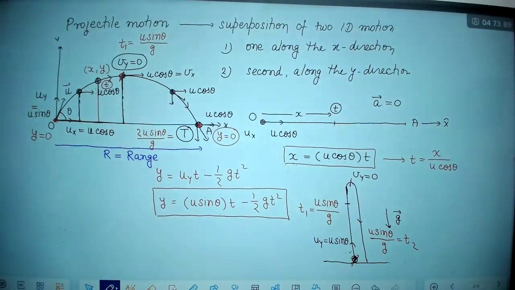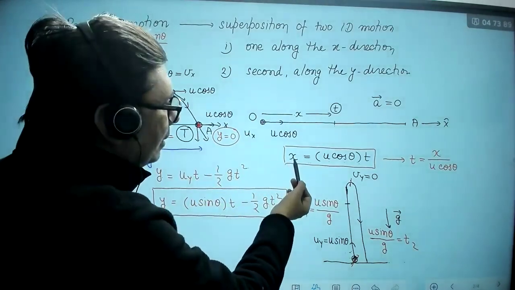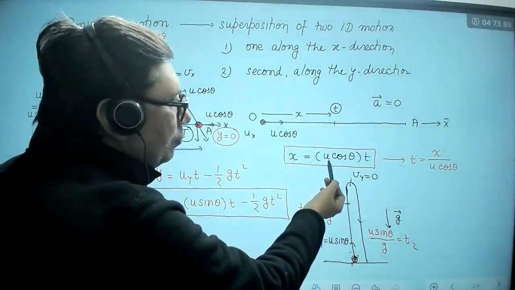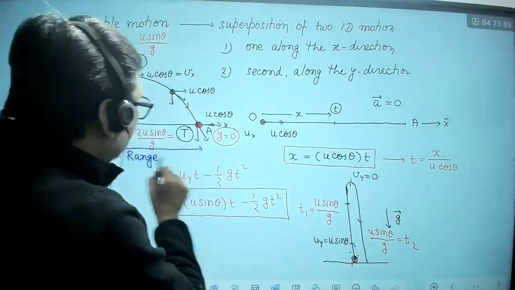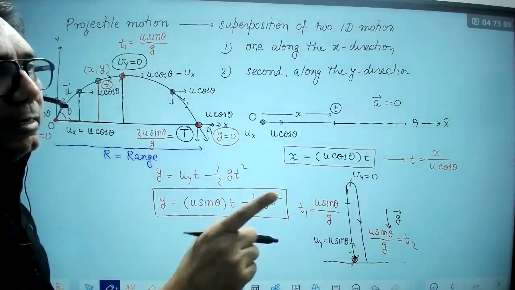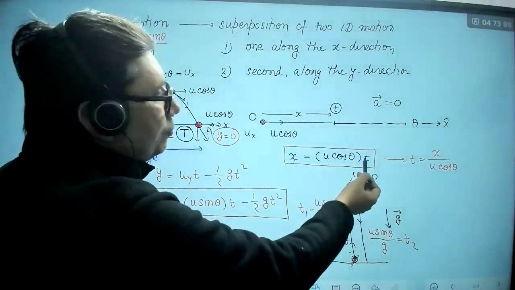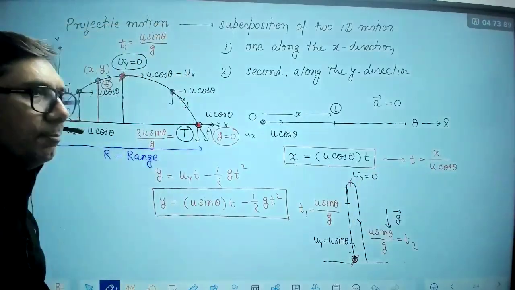How can you find it? Very easy. How much maximum distance this R, this x will be R, u cos theta is constant. How much time is taken by the particle to cover this complete range? That is 2u sine theta upon g. So if I place 2u sine theta upon g here, that will give me the range. Simple.